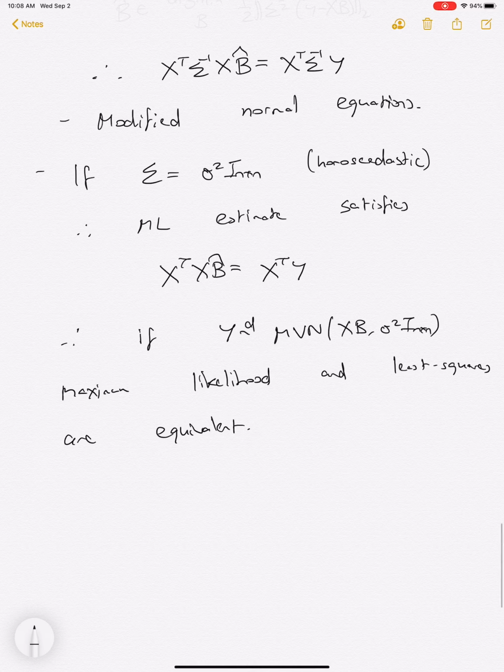So that's another interpretation for the least squares estimate: from a statistical point of view, it's the maximum likelihood estimate when you have a multivariate normal distribution with homoscedastic noise. And you're going to see an example of that in the homework.